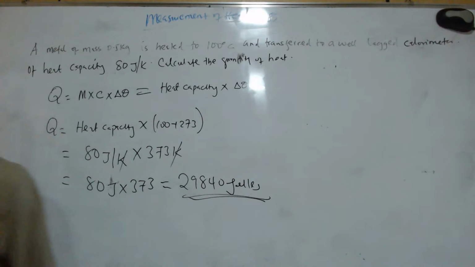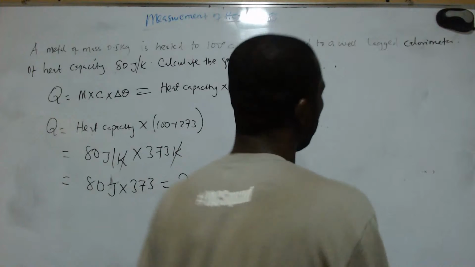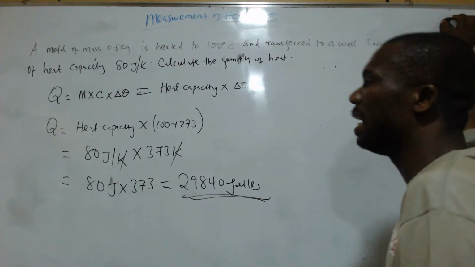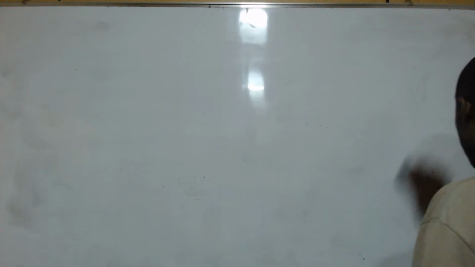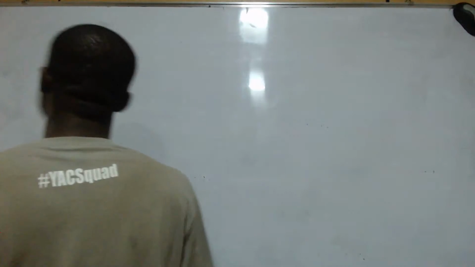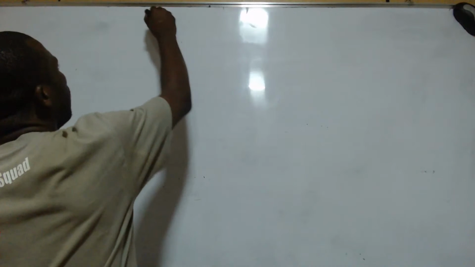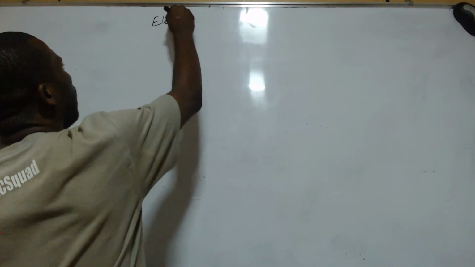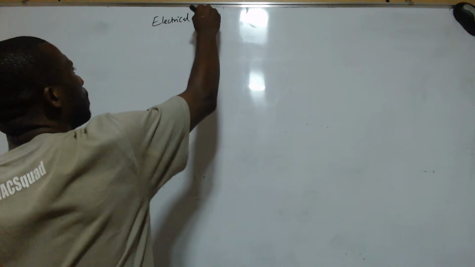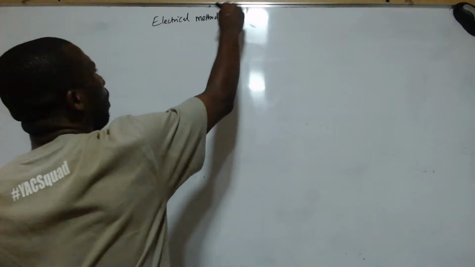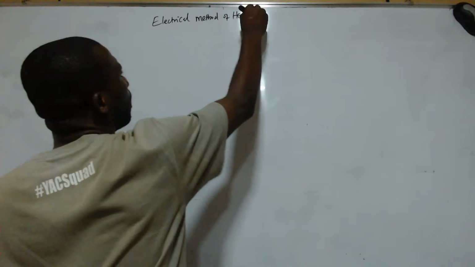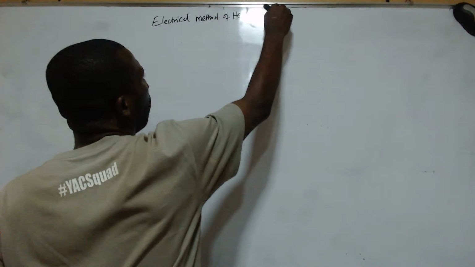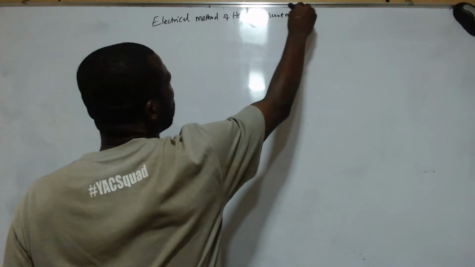So that is it. Now let's move over to the electrical method. We have dealt with the method of mixture, and now the electrical method of heat measurement.